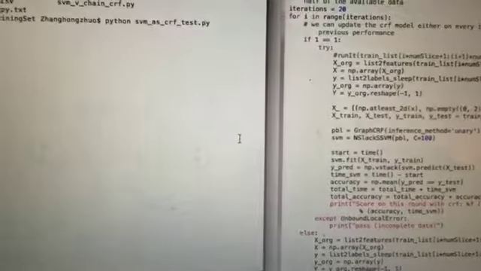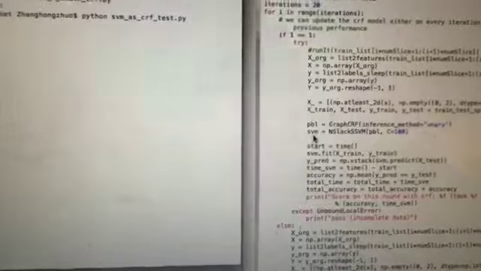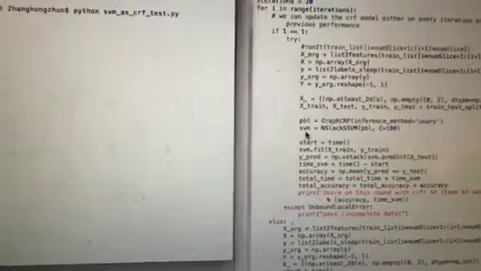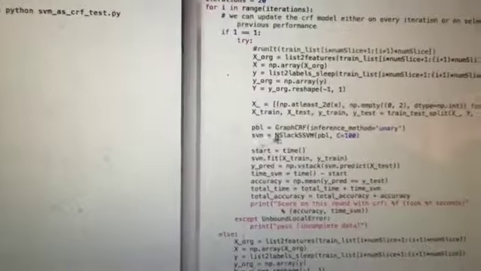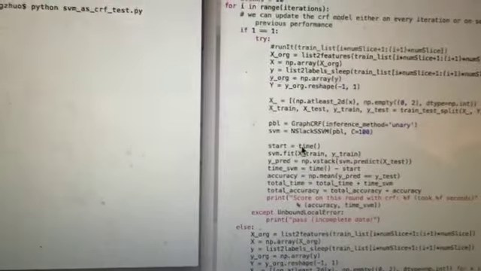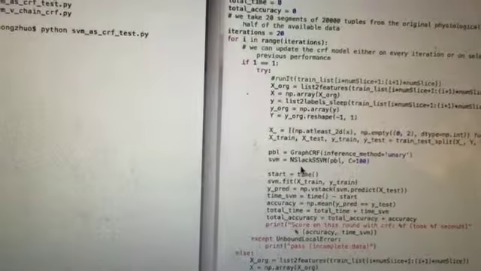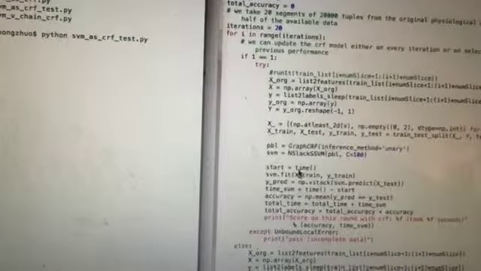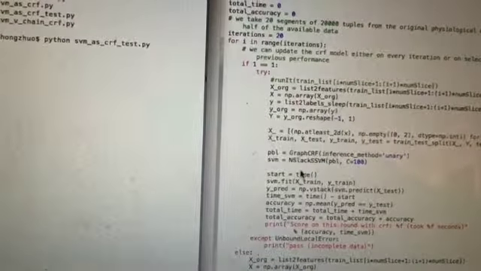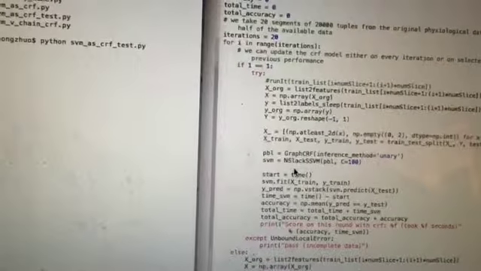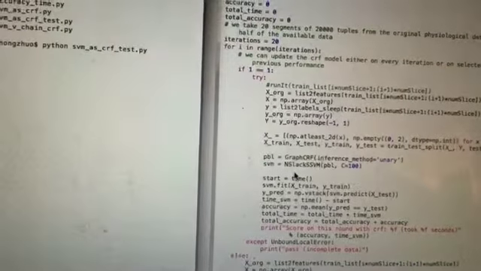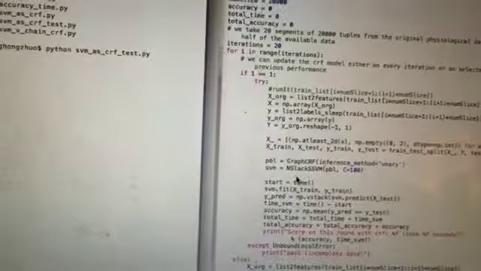So while it's running, I'll talk briefly about the basic motivations for us to make this improvement to the existing algorithm. We assume that the physiological data from a user will stay the same for most of the time, but there are potential concept drifts that will happen from time to time, but rarely.